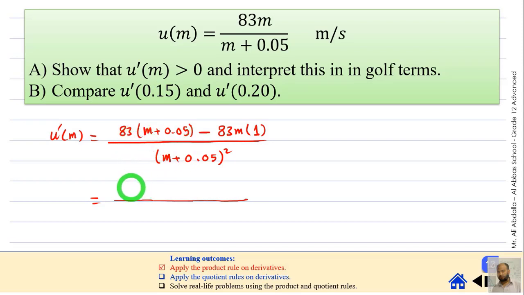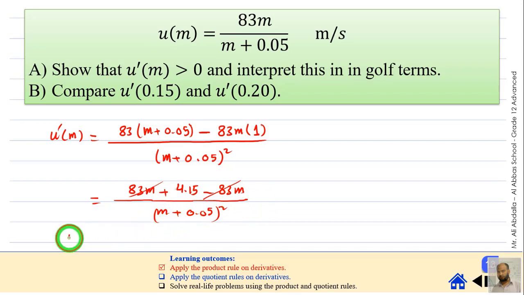Expand the brackets. 83m plus 83 times 0.05 equals 4.15, minus 83m, over (m + 0.05) to the power 2. Then we can cancel 83m with 83m.